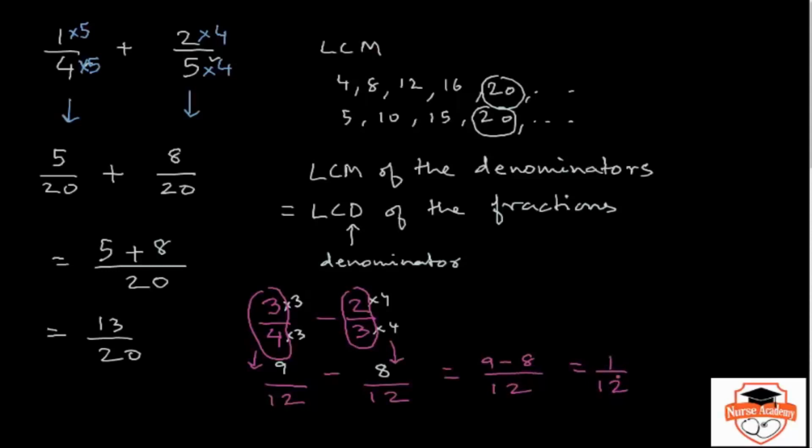Want to add or subtract more than 2 fractions? Let's see how. Let's say we want to do 1/2 minus 2/3 plus 4/5. 3 fractions, both addition and subtraction. Okay, so your first job is to change the 3 denominators to the same number.